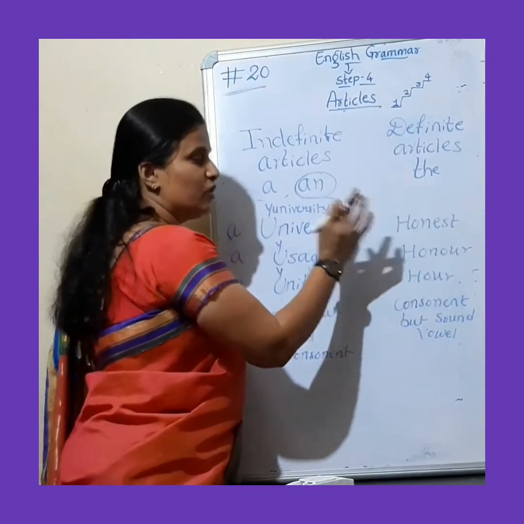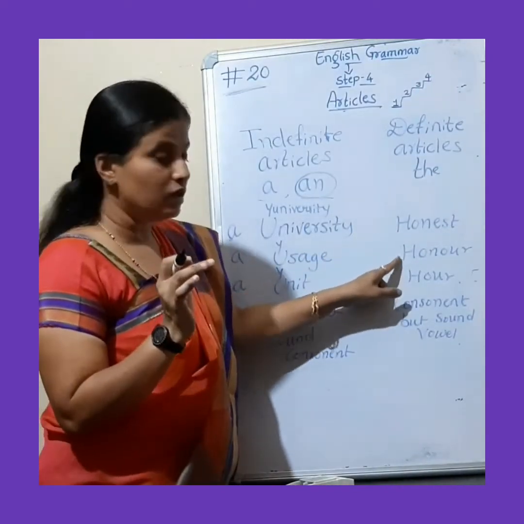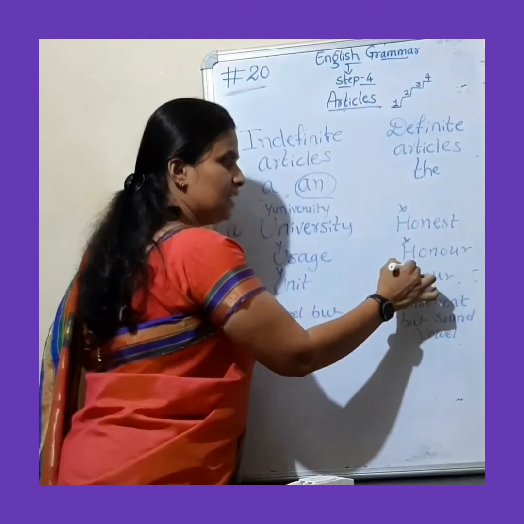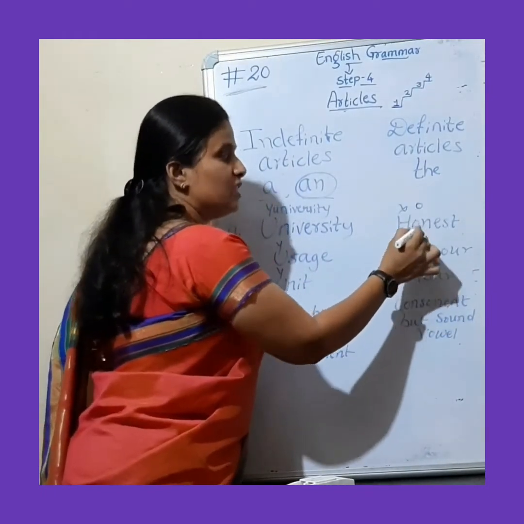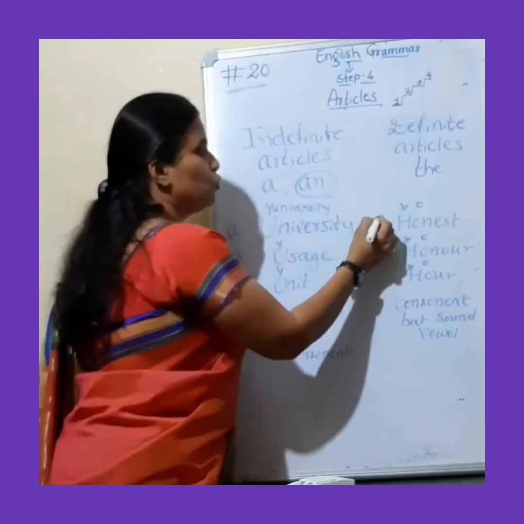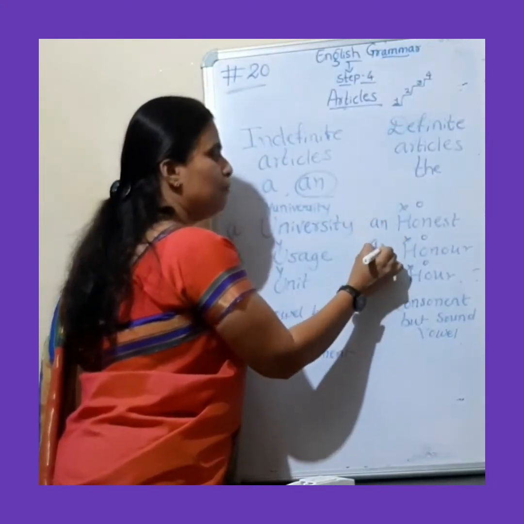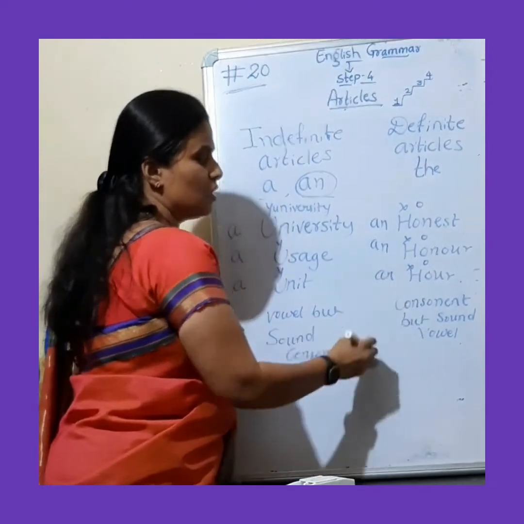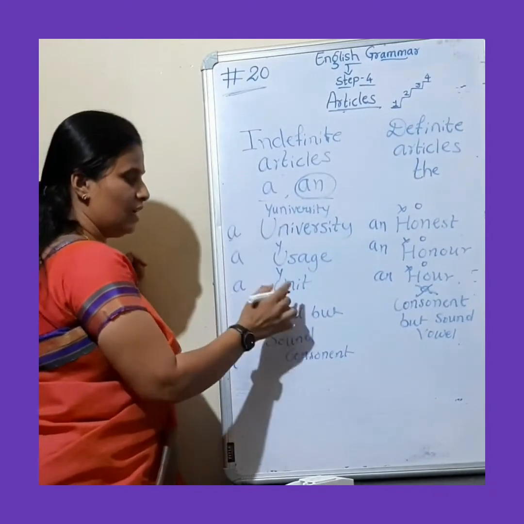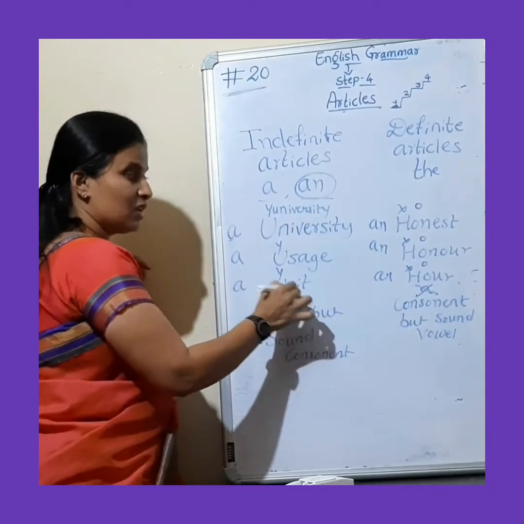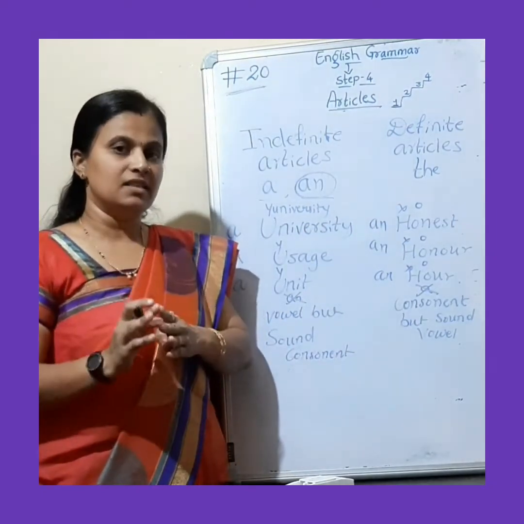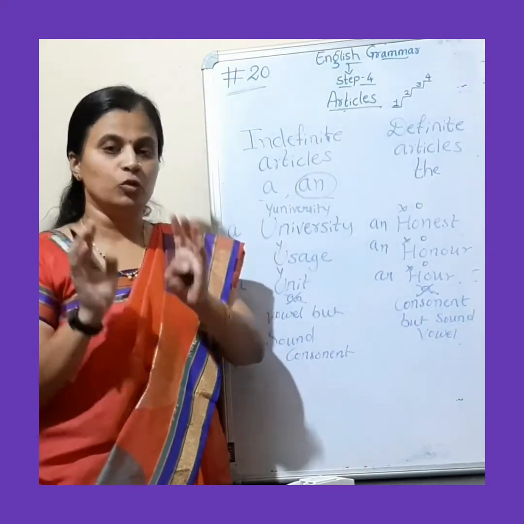And before these words, honest, honor, hour, the h is silent, and an O sound is there. So we have to add an before these words, not a. So these are the exceptional cases. I hope the usage of articles a and an is clear.